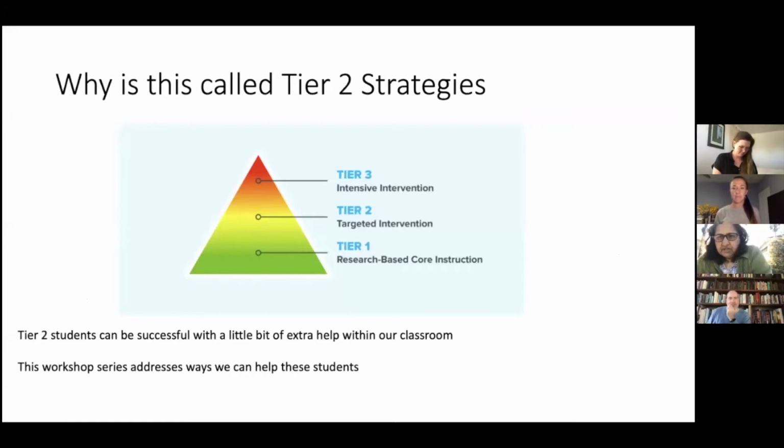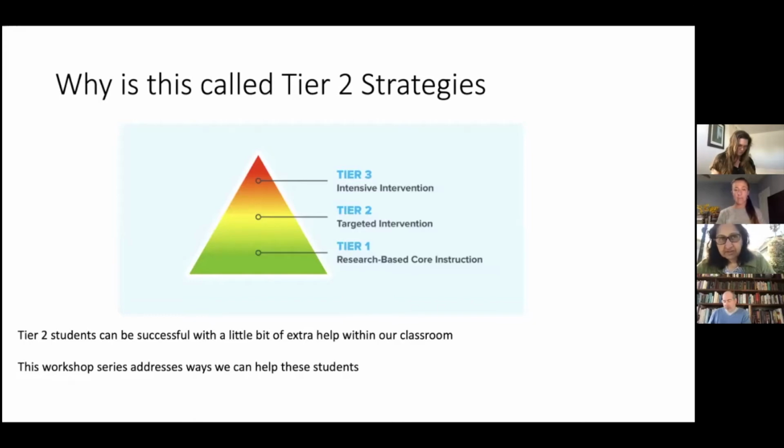This is part of the multi-tiered system. We think about students in our classes and categorize them in 3 groups. There's the group that, with your first instruction, learns what they're supposed to learn. Then there's another group that needs a little bit of extra help.